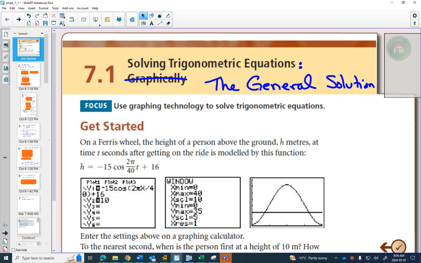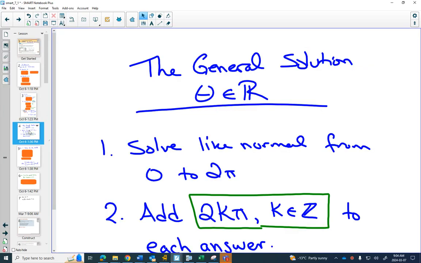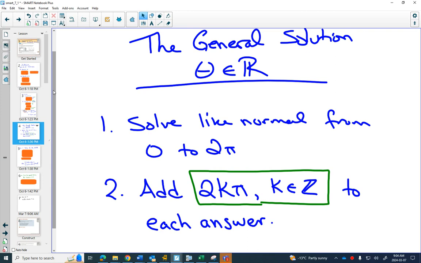And then we're going to turn to page 574. At the top of page 574, we're going to write out the steps for solving a general solution, to summarize what we did in that last question.